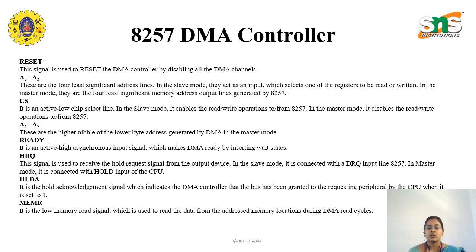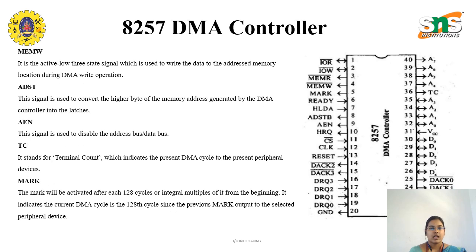It is a hold acknowledgement signal which indicates to the DMA controller that the request has been granted by the CPU. Next is MEMR, a low memory read signal which is used to read data from the addressed memory locations during the DMA read cycles.